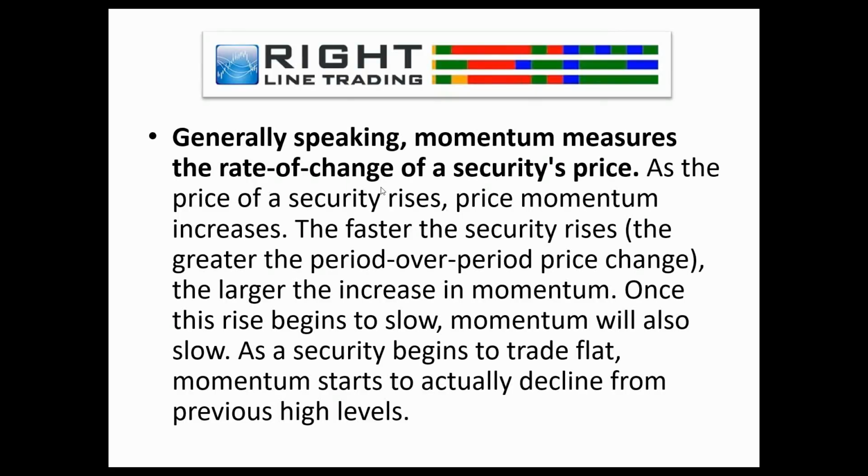Now, momentum measures something that's really critically important. And the reason that George Lane created the oscillator was because momentum is what's called a second order parameter. Velocity is a first order.